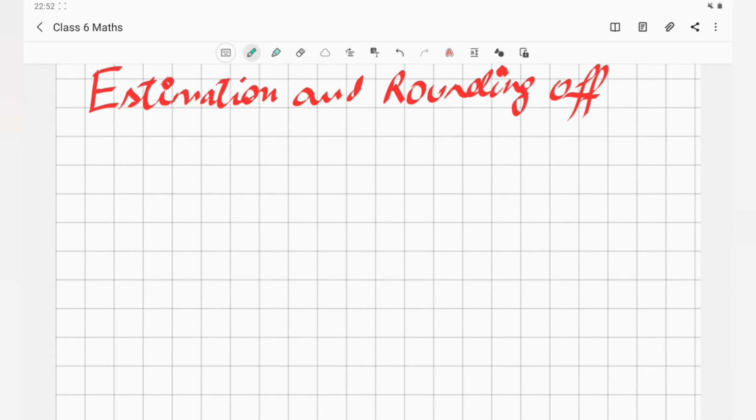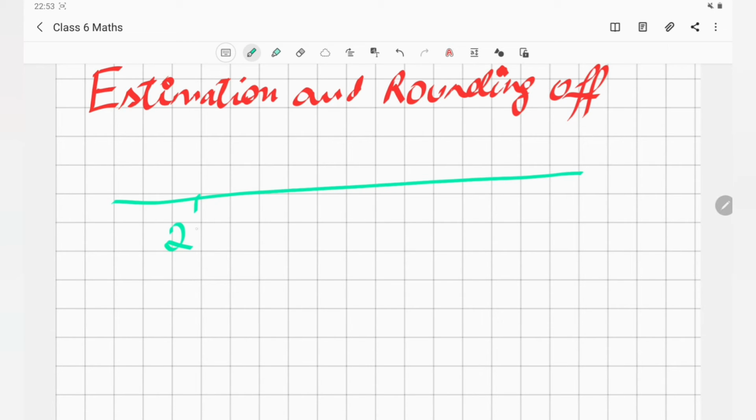Estimation and rounding off are basic techniques which are used in day-to-day life to simplify our calculations, or whenever we are dealing with big numbers and we do not have a calculator handy, or we do not want to spell out the exact number values somewhere. Then we basically do an approximation and estimation to arrive at a decision.